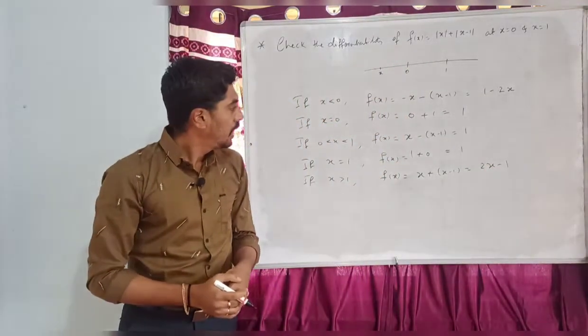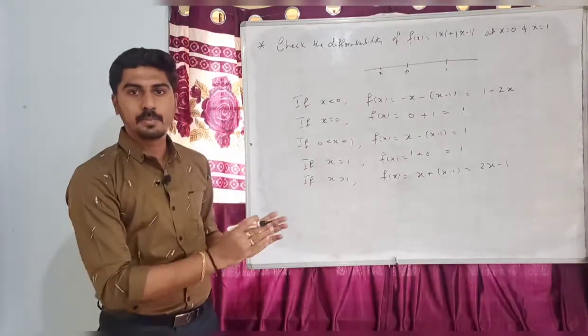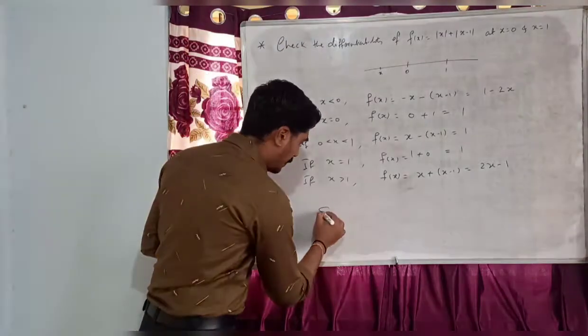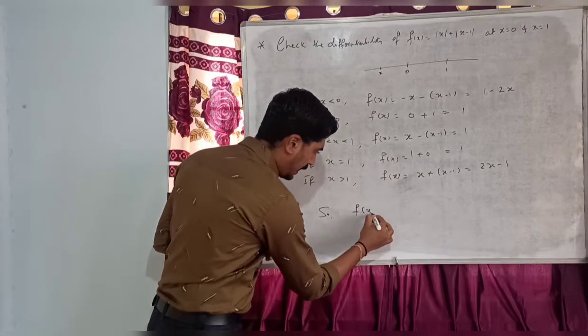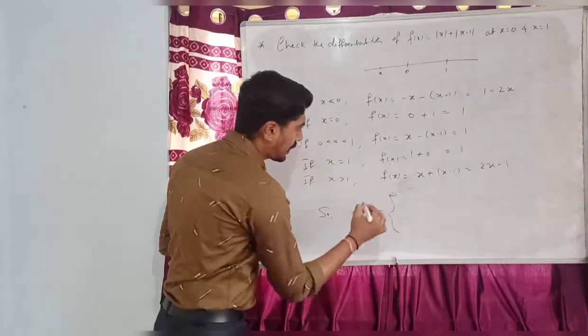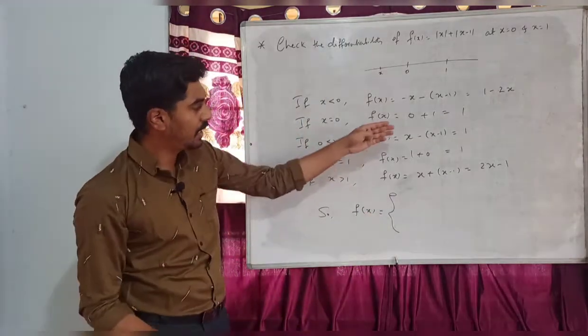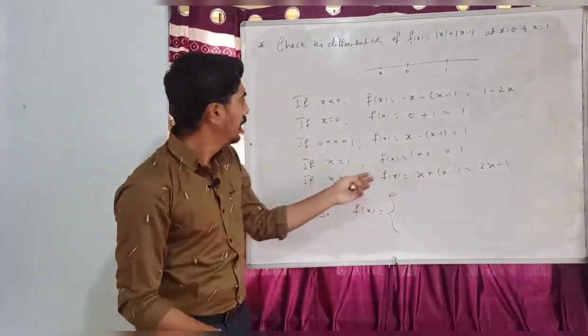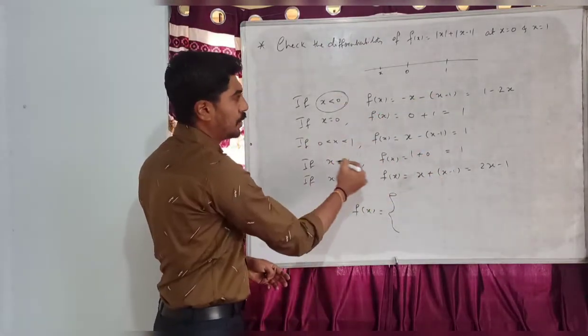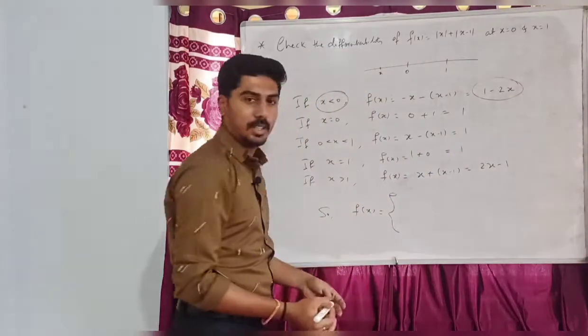Okay. Let me write this as a piecewise function. So f of x is equal to, I have three definitions for f of x here. For x less than 0, 1 minus 2x.